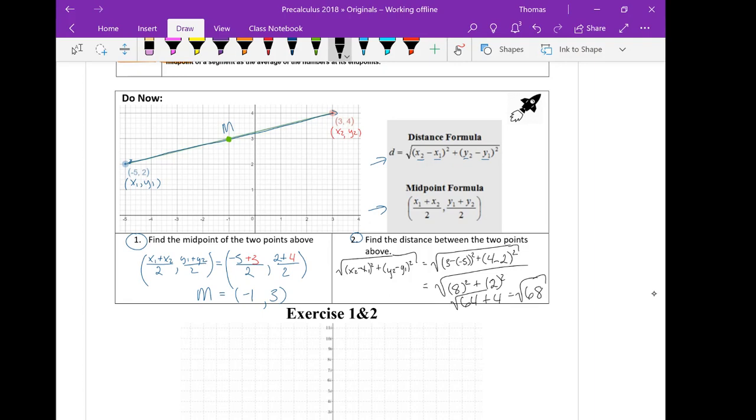Okay, so we found here that the distance between these two is square root of 68, and the midpoint between these 2 points is negative 1, comma 3.